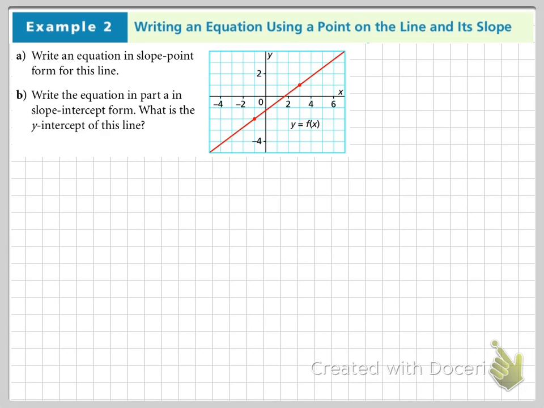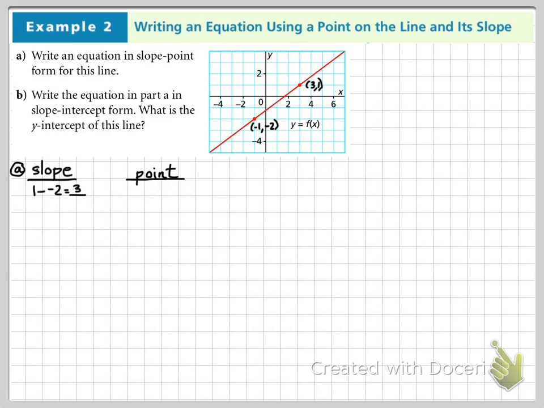Number 2, write an equation using a point on the line and its slope. Well, notice I'm given 2 points on here. I'm given the point (3, 1), and I'm given the point (-1, -2). To write an equation in slope point form, I've got to come up with the slope and I've got to come up with a point.